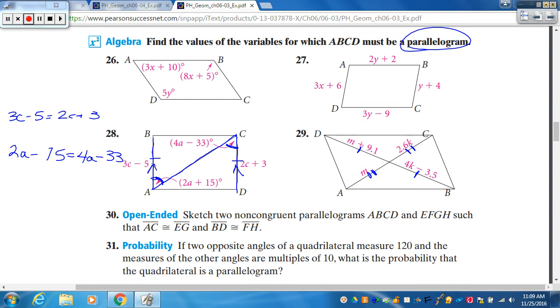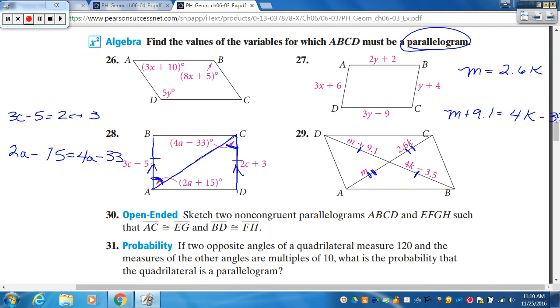Because once I have that, it makes it a lot easier to figure out how to solve for the different variables. So here are the two equations. M equals 2.6k. Then the other equation would be M plus 9.1 is equal to 4k minus 3.5. Sorry, the 5 ran off the page there, but yeah, 3.5 there.